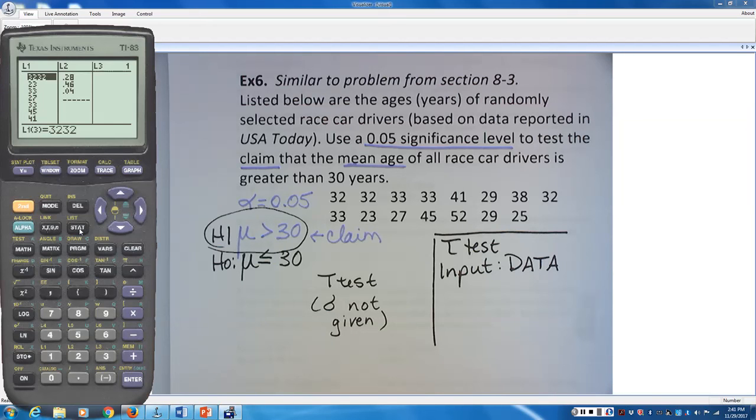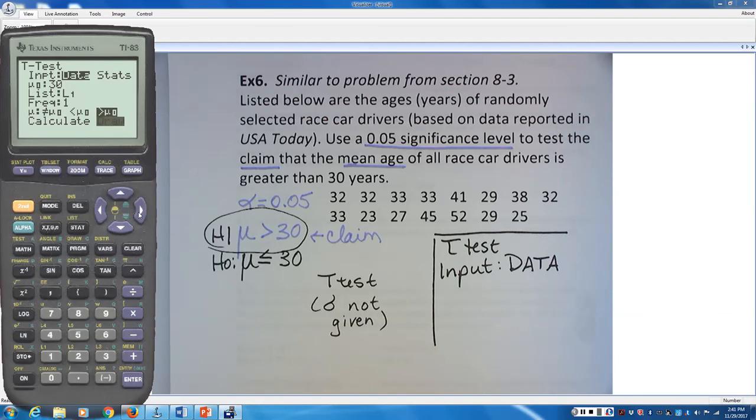And there's mine. 23, 32, 33, 32. Okay. So back again to the test menu, to the t-test, and make the correction that H1 says greater than, so we should be using greater than in that last line.